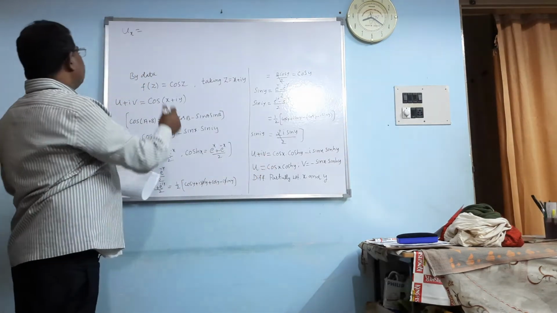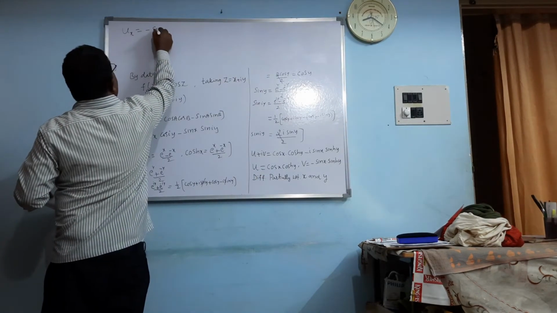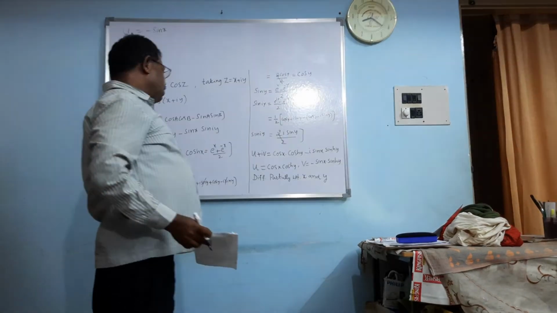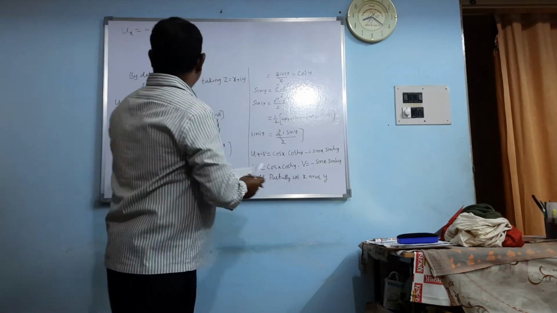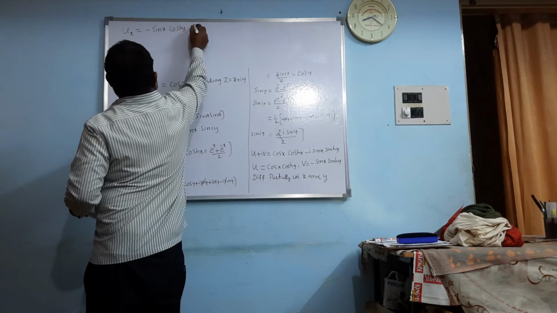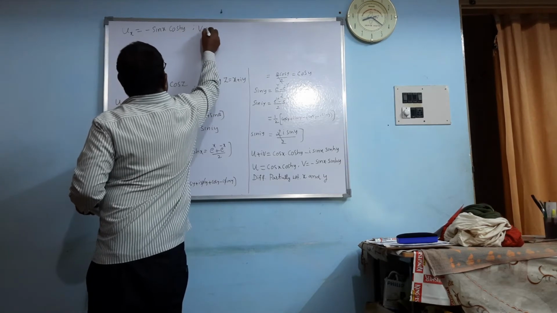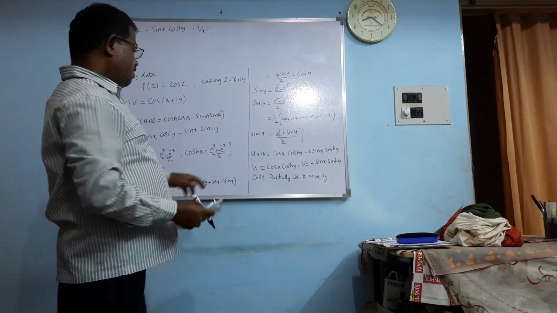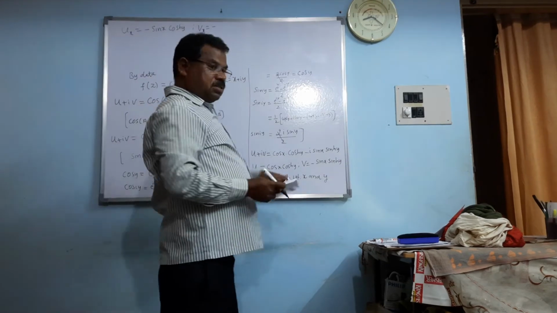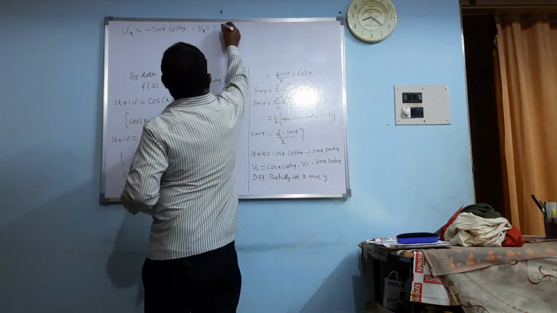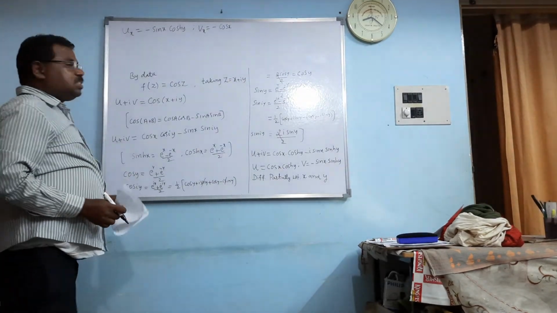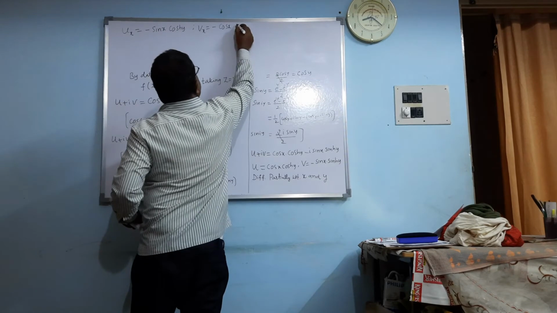Differentiating cos x is minus sin x, and cos hy is constant, write down as it is. Differentiating v with respect to x, we take this minus, sin x becomes cos x, and sin hy is constant, write down as it is.